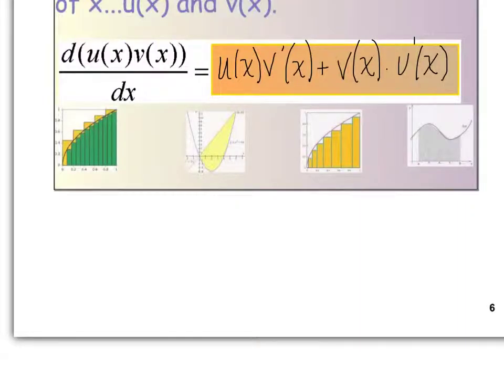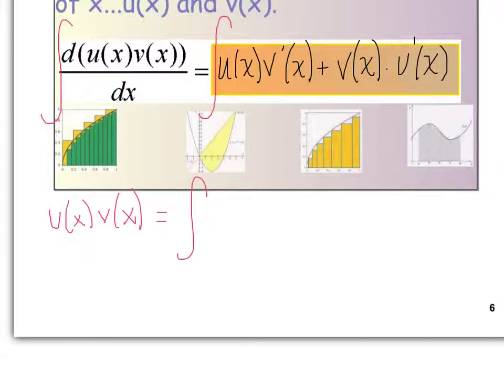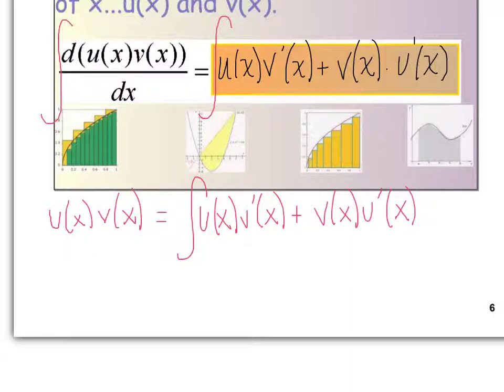So if we take that expression and now integrate both sides, we can see that u of x, v of x is equal to the integral of u of x, v prime of x plus v of x, u prime of x dx.